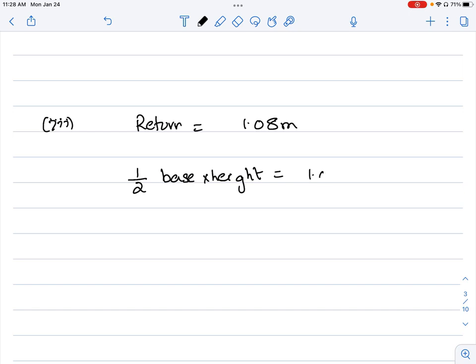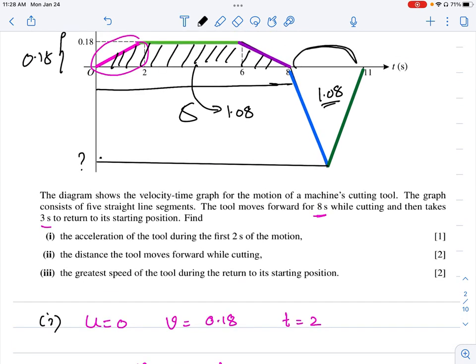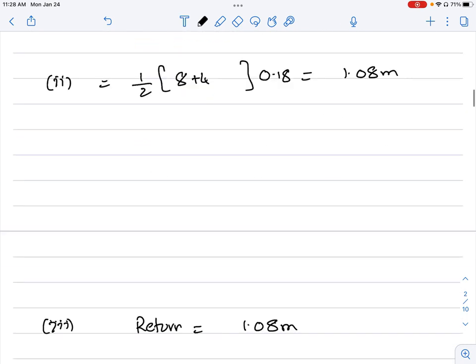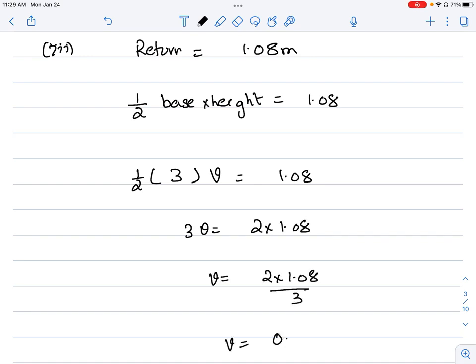The base is from 8 seconds to 11 seconds, so 3 seconds, and the height is the velocity v. So 3v is equal to 2 times 1.08. V is equal to 2 times 1.08 divided by 3, so v is equal to 0.72 meters per second. That's going to be the answer.